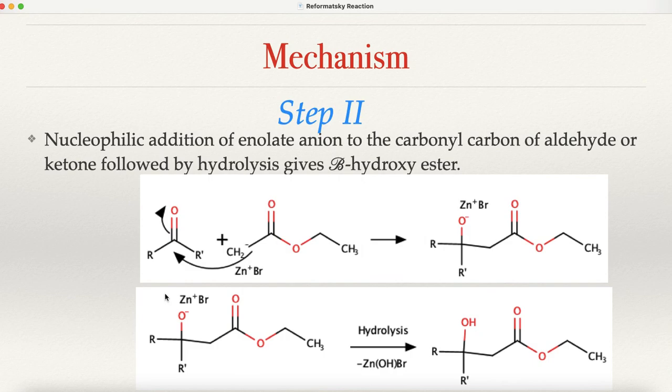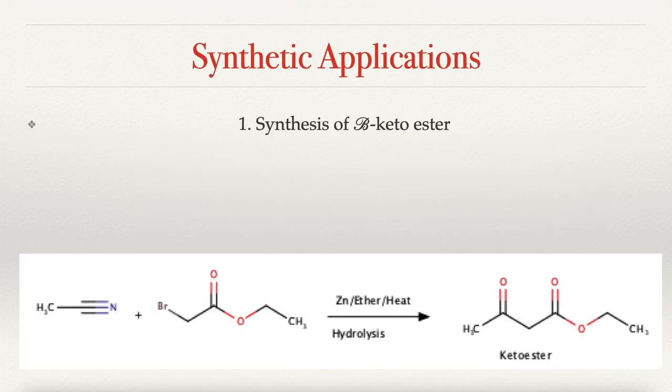Hydrolysis takes place on this side: H plus adds to the oxygen, leading to the formation of the hydroxy group, and OH minus adds to the zinc, leading to the elimination of ZnOHBr. Let us see the synthetic applications.